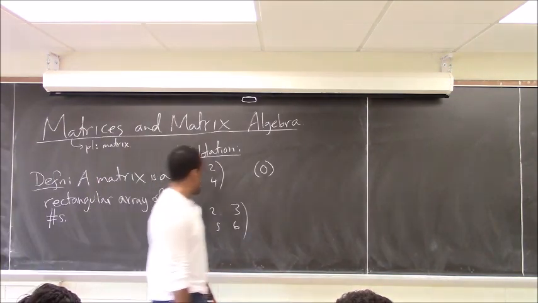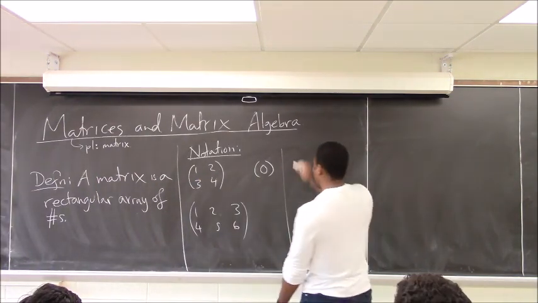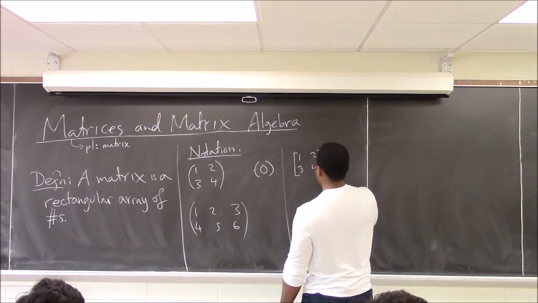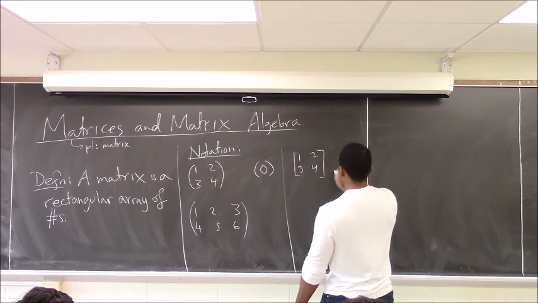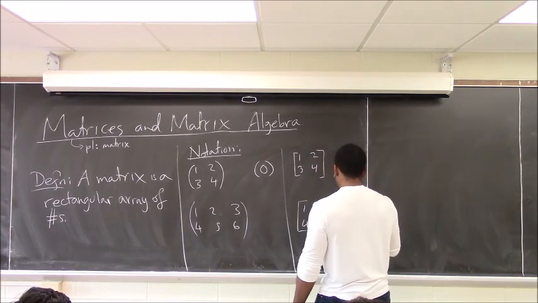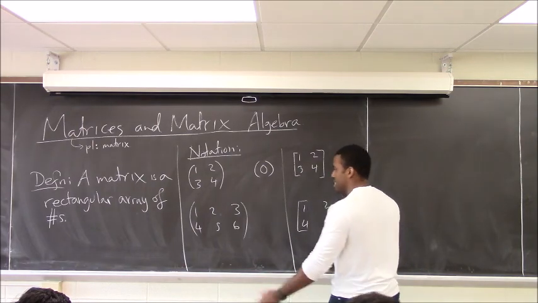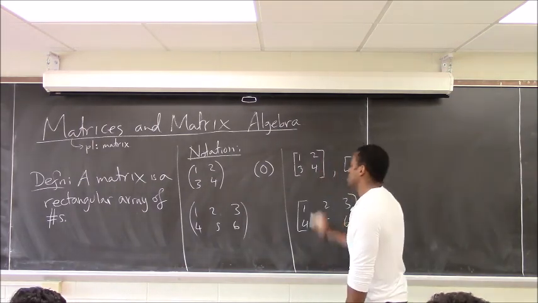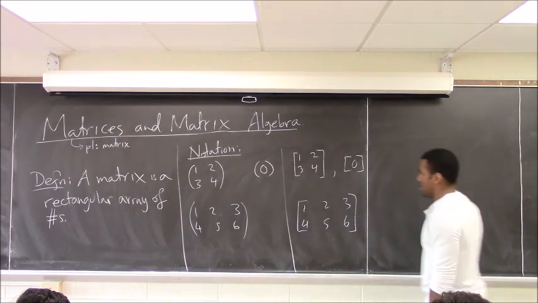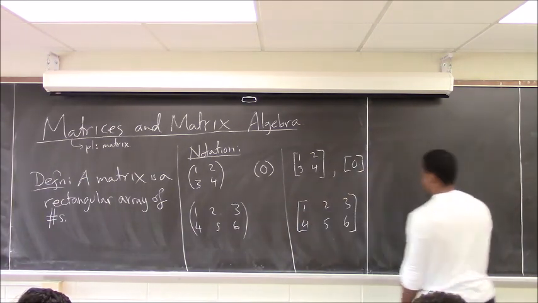These notations are very common. You can also use square brackets. They're completely interchangeable, so I could write all of these with square brackets. I tend to write it this way because it's easier, it takes too long otherwise.